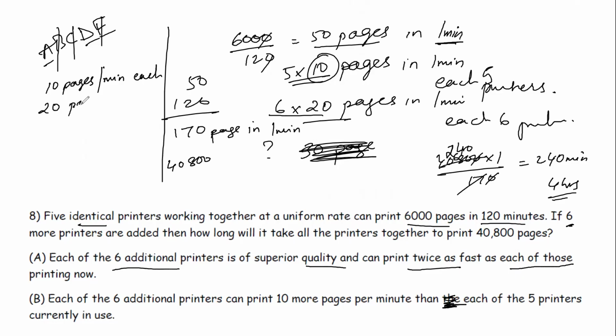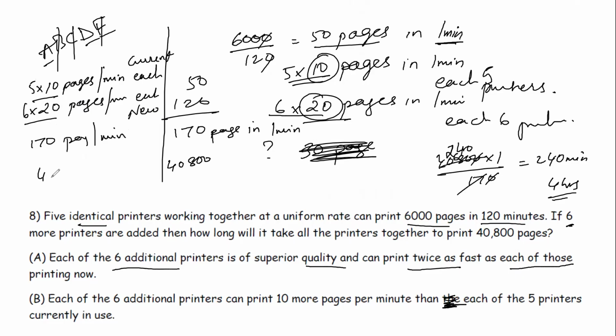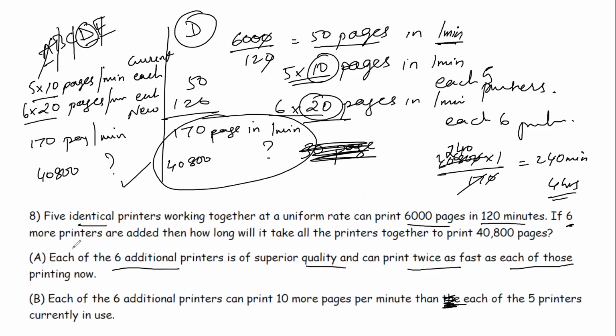So we know that it is 20 pages per minute each for the new ones, current and new. And that's exactly what we got out here as well, right? And then we had to multiply this with 5, this with 6. So we ended up getting 50 and 120, 170, right? Pages per minute. So for 40,800 pages, how many minutes? So that's the calculation we did out here. So it's the same thing. We get the answer using B as well. So A is out, D. Each alone can answer. Again, a tricky question. Okay. So D is the answer out here.